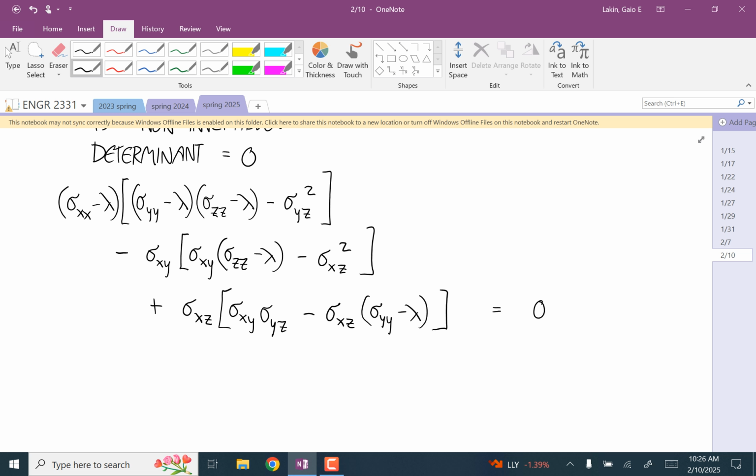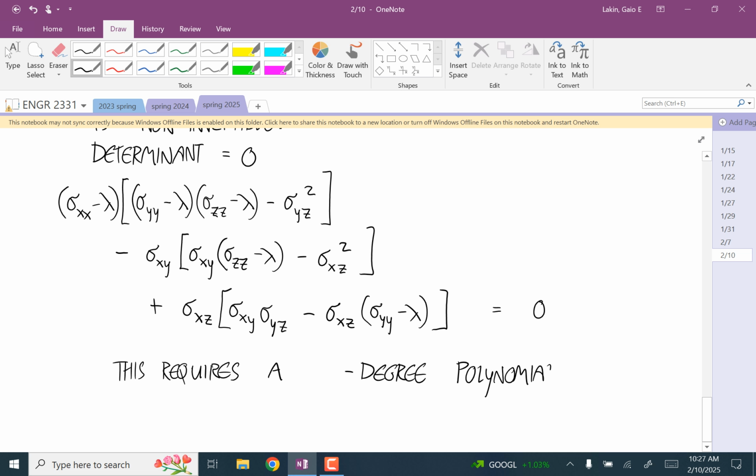Okay, well, look at this and tell me, so this is just solving a blank degree polynomial. What's the degree of that polynomial? 2.